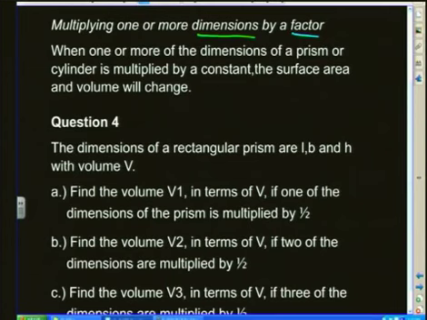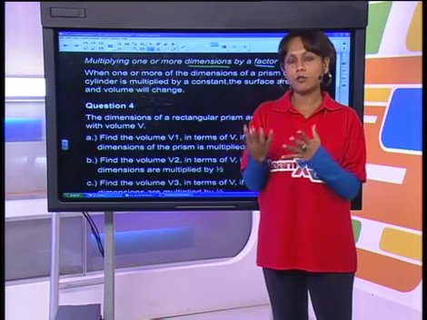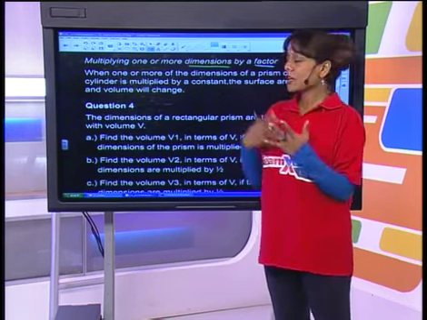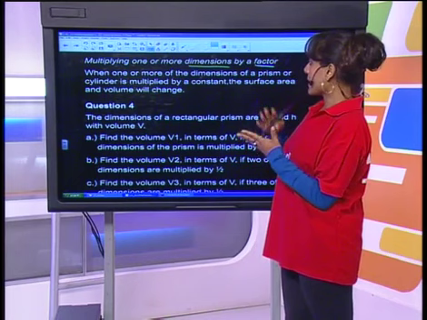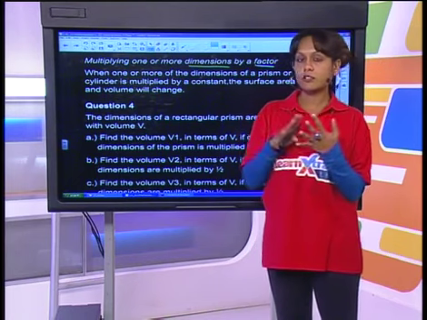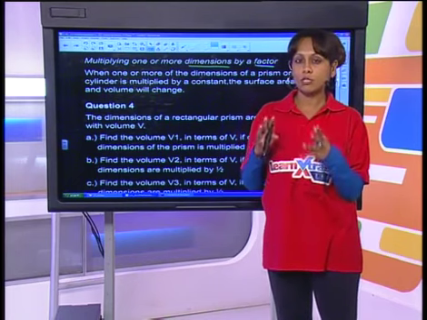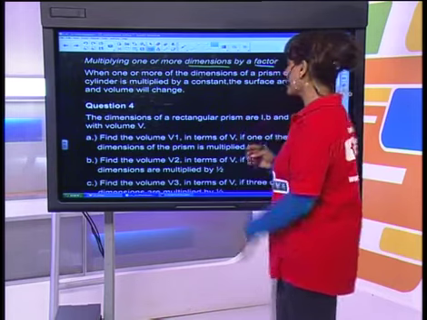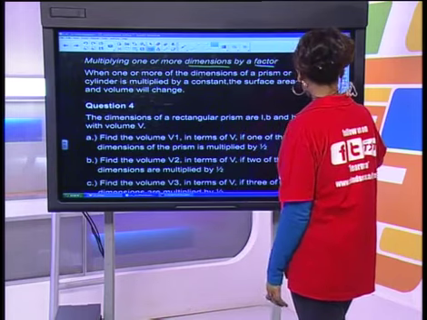Obviously, as you're going to see, when one or more of the dimensions of a prism or a cylinder is multiplied by a constant, the surface area and the volume will change. So we're still dealing with right prisms. Let's have a look at a question.